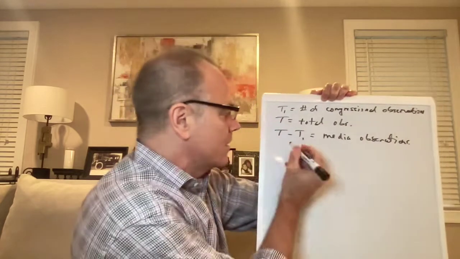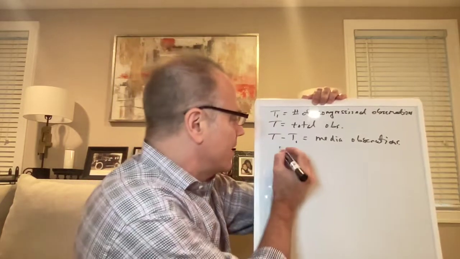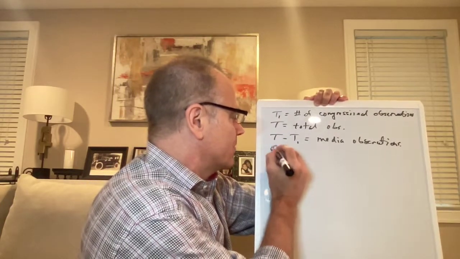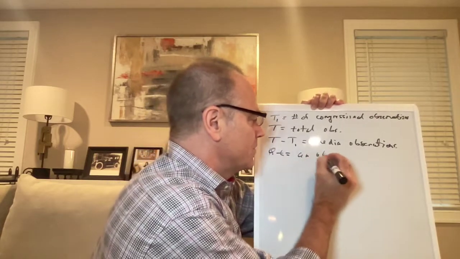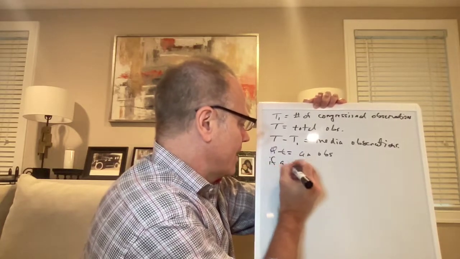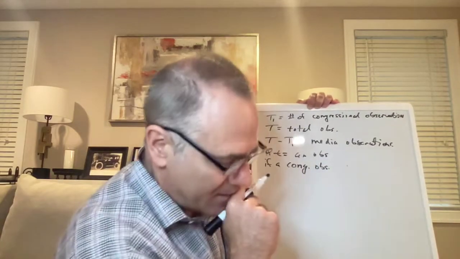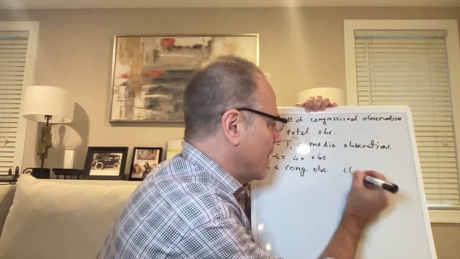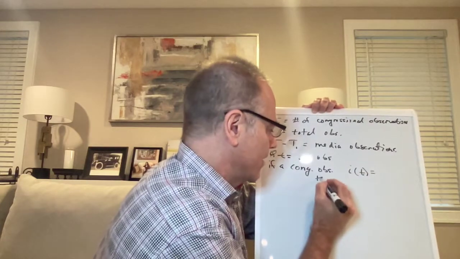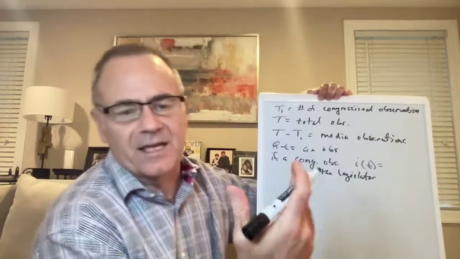To make it simple, let's define: T equals an observation, and if it's a congressional observation, define I of T equals the number of the legislator.